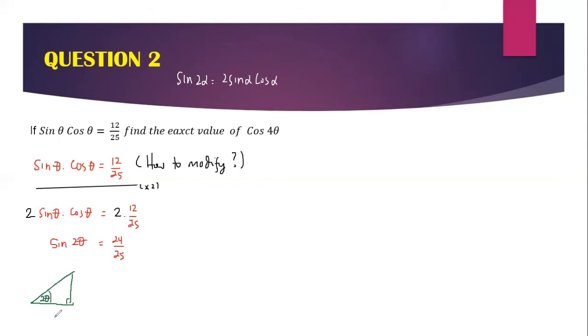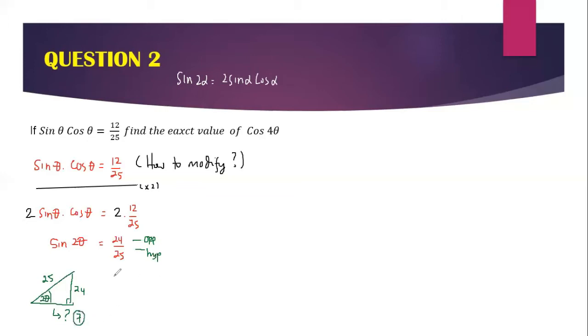Sine is opposite over hypotenuse, right? So here is 24, this one is 25. How many here? Seven. You got 7, right? Using the Pythagoras.